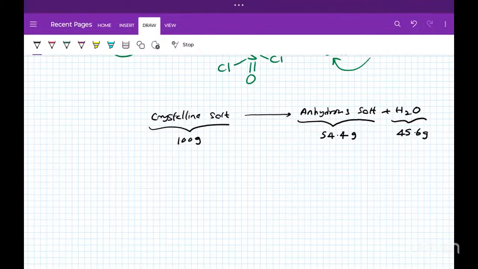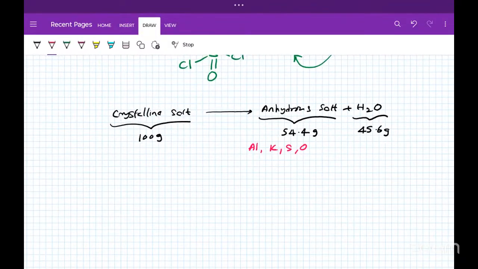The composition of the anhydrous salt, they are talking about this anhydrous salt. It is aluminium, potassium, sulfur, oxygen, right? Potassium, aluminium, sulfur, and oxygen.